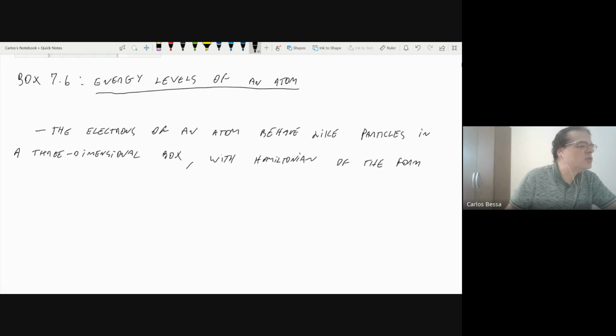So in general, the Hamiltonian of the atom is given by the kinetic energy, P squared over 2m, minus Z e squared over r_k, where Z is the atomic number that depends on the number of protons that we have.